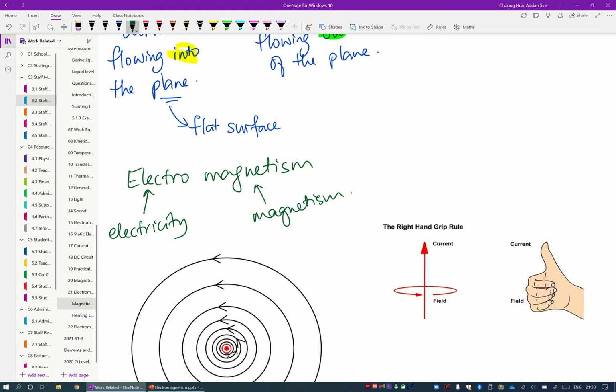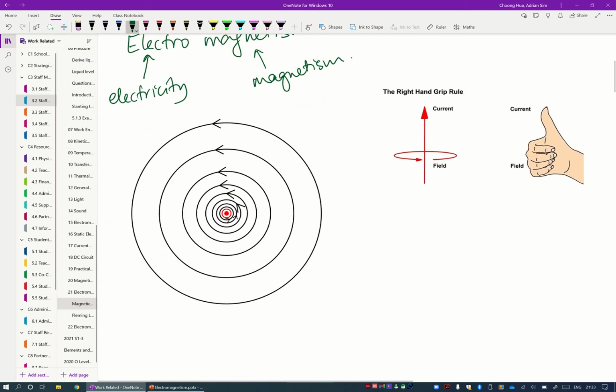So this is our beginning. This is a point where we have to understand that electricity and magnetism must coexist. We can't have one without the other, and hence I'm going to introduce you to this diagram here.